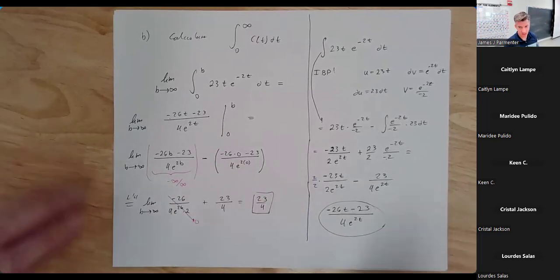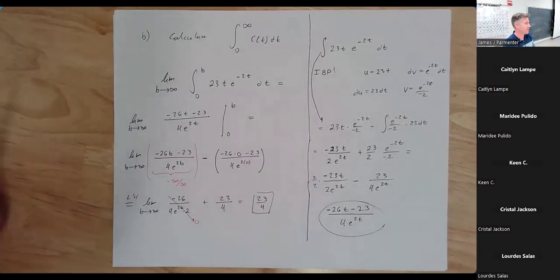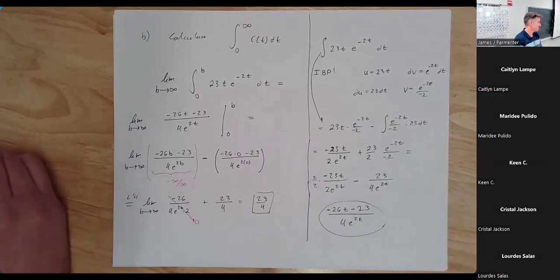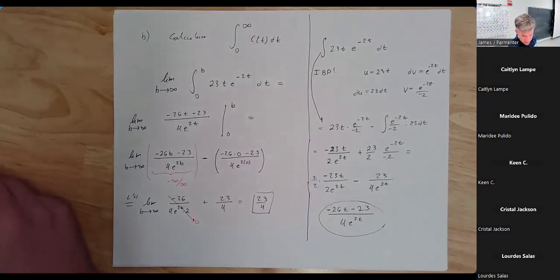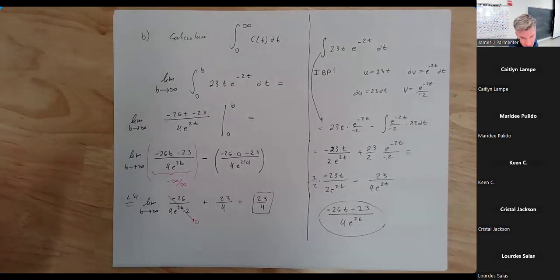And then finally, the question asks, what's the significance of this? Well, what it means is that, basically saying that the plasma drug concentration, I feel like the words here are not great.